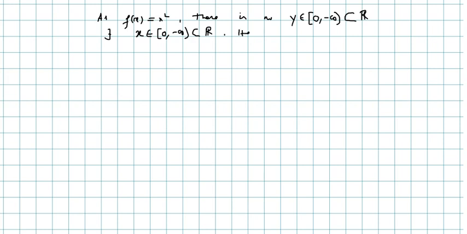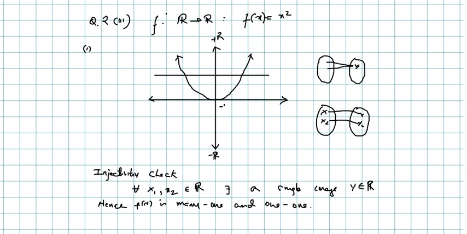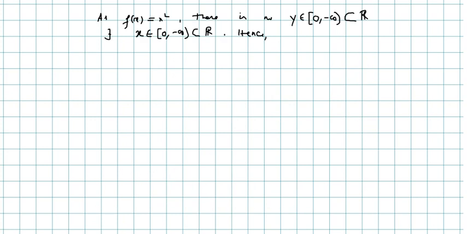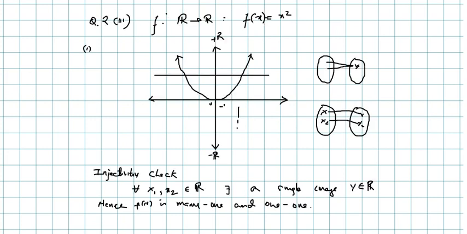Hence, the definition of an onto function says that every element of the codomain must be an image of at least one element of the domain. Here the graph is not present at all in this region. For all the y values from 0 to minus infinity, there is no corresponding x.